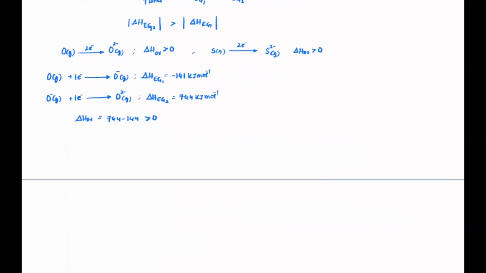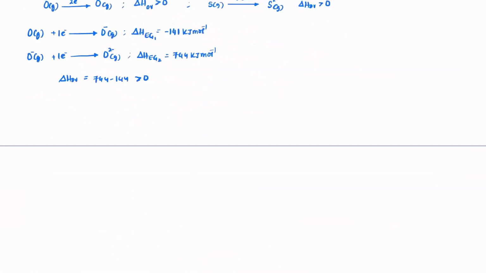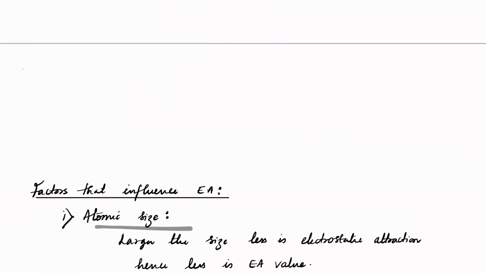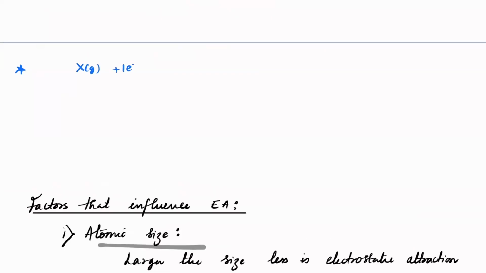Next. In case you have an element X and you add an electron to it, it makes X minus gas, and this is delta H of electron gain enthalpy 1.